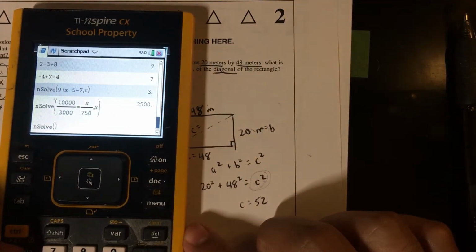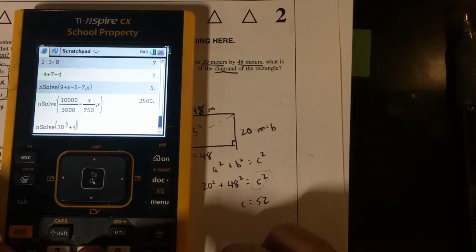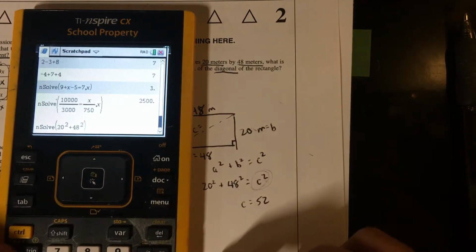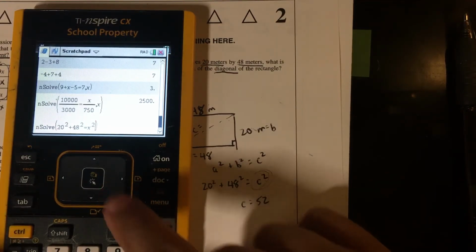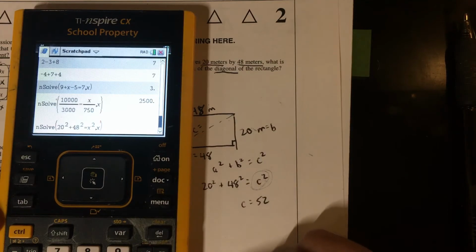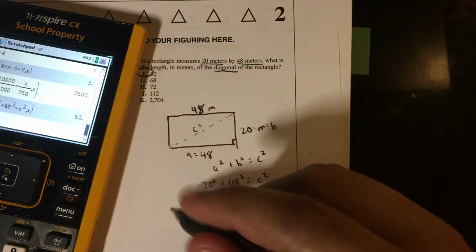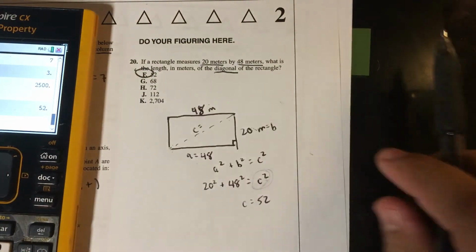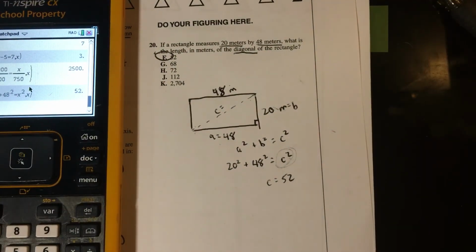Okay, so 20 squared plus 48 squared equals x squared. I'm trying to find that number. So put comma x, and the answer is 52. So answer choice F. Okay, so that's the end of that do now, guys, and look for the other ones.